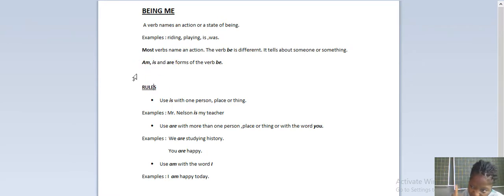Now let's get to the rules so you understand how this works. We use is with one person, a place, or a thing. So, an example of a sentence with the word is. We're talking about one person. Mr. Nelson is my teacher. When we're talking about one person, we use is.